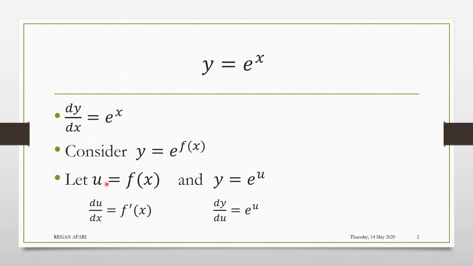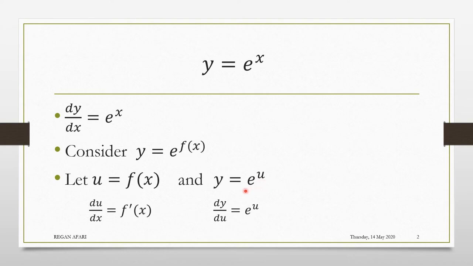Right, so you let u be equal to the index, the power. So u is equal to f of x, then you differentiate it. So du/dx will be f prime of x, okay? That's the first differential of the function. Now, if u is equal to f of x, then y is actually e raised to the power u, because f of x is u.